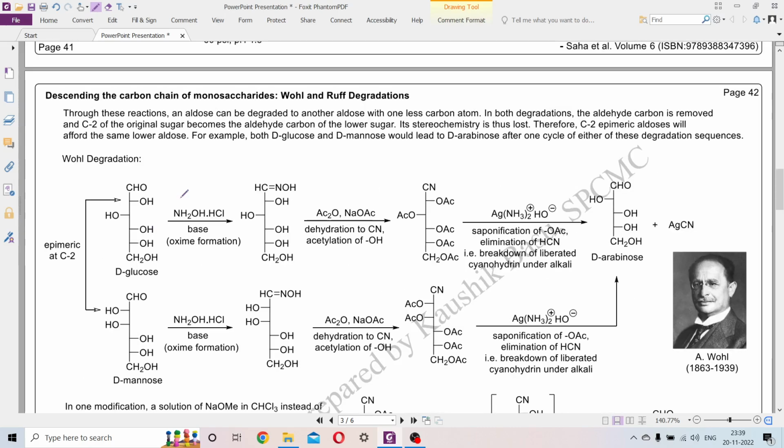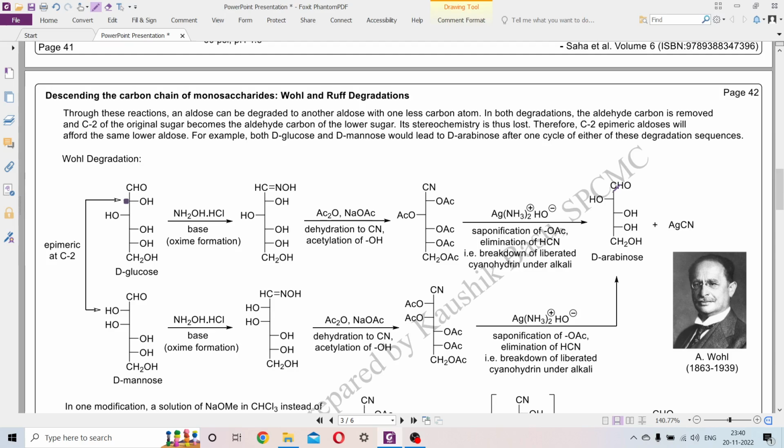Both these reactions, if you start from an aldohexose, will make this CHO group into something which will leave, and this C2 OH will be converted into CHO. That means that C2 will lose its stereochemistry, and the carbon that was C2 in your starting aldohexose will become C1 CHO in your aldopentose product.